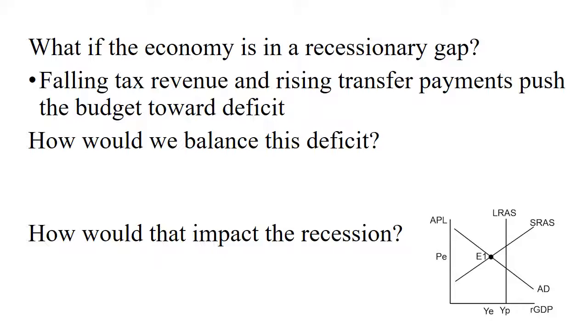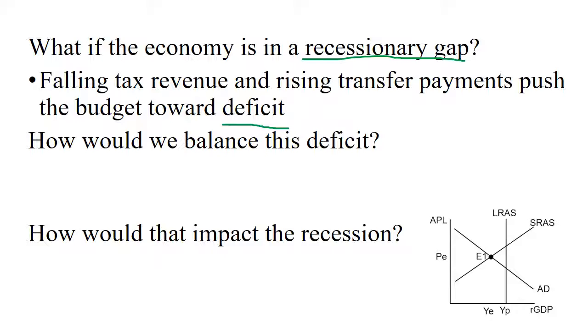During the recession, tax revenues fall because of the decrease in income tax and sales tax. And transfer payments rise because there are more people qualifying for unemployment, Medicaid, food stamps, welfare. So we have a recession, and those automatic stabilizers are going to give us a deficit.